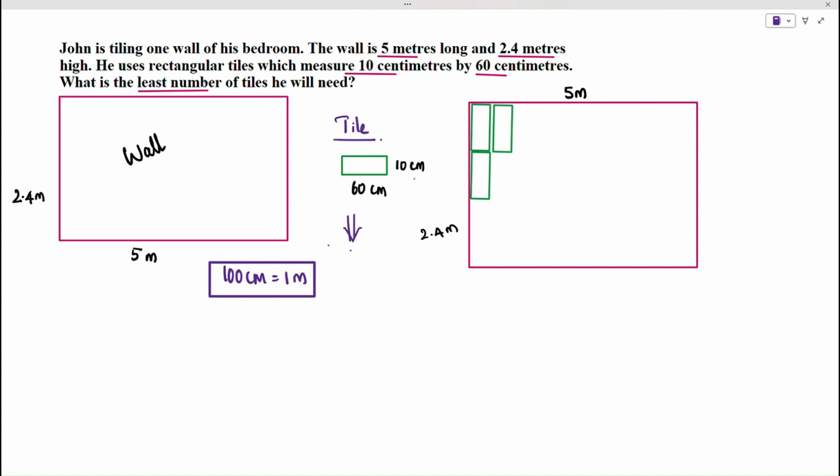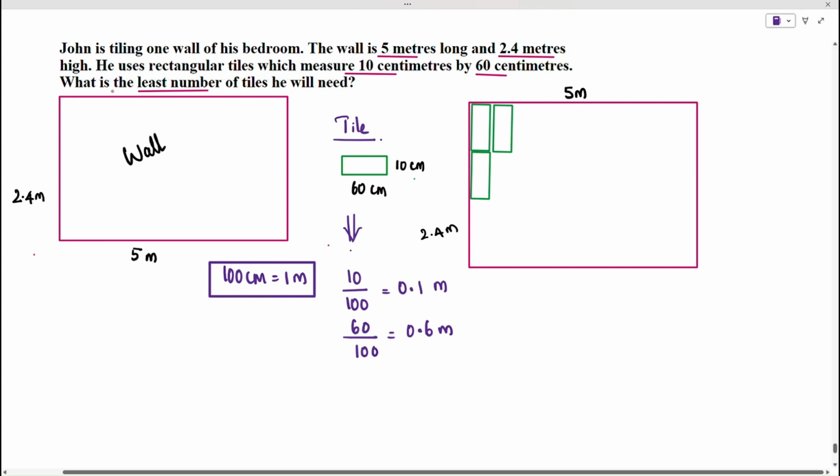So our 10 centimeters, we divide by 100, we get 0.1 meters. And for our 60 centimeters, when we divide by 100, we get 0.6 meters. Now we've converted our units.